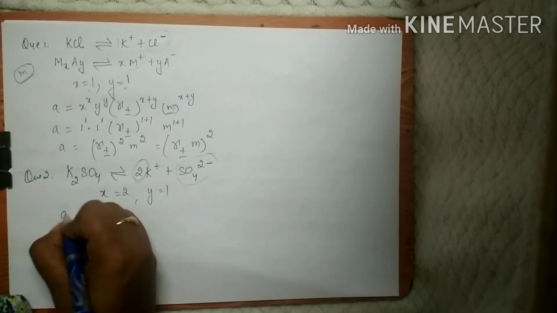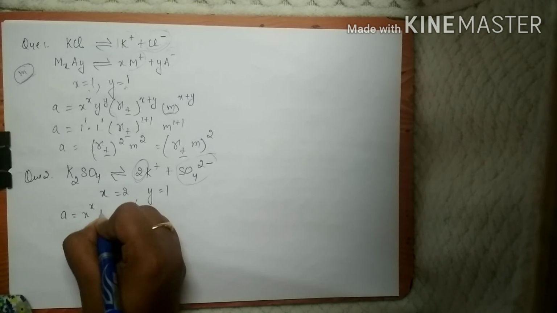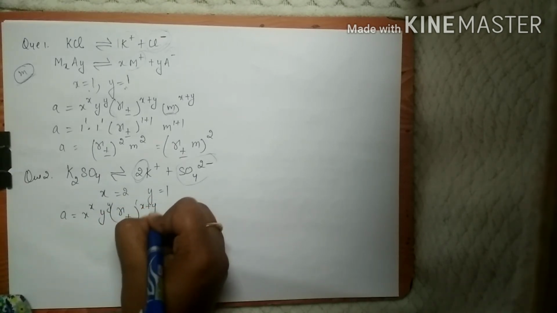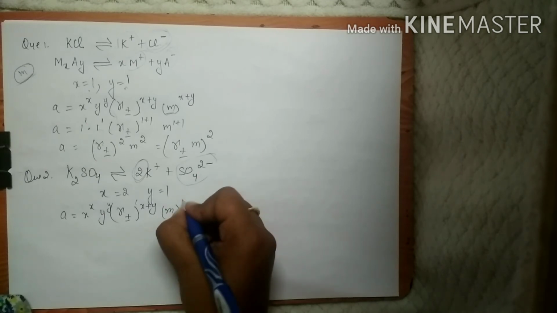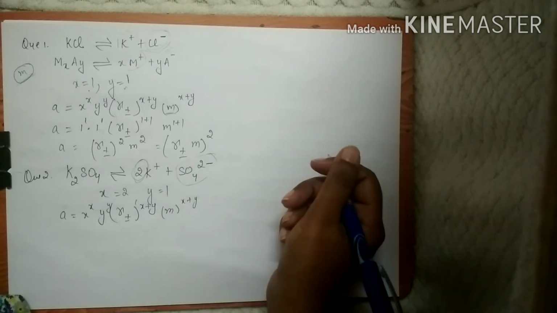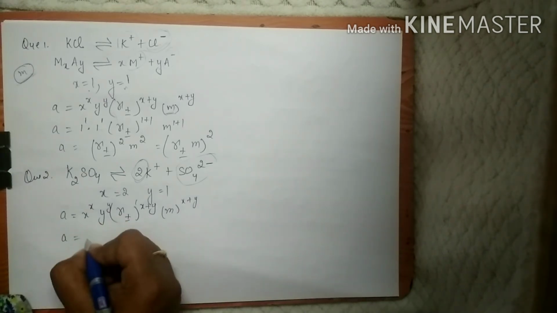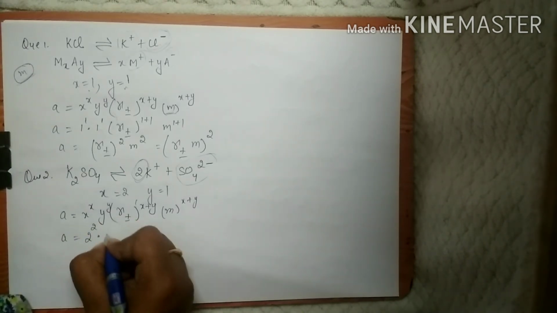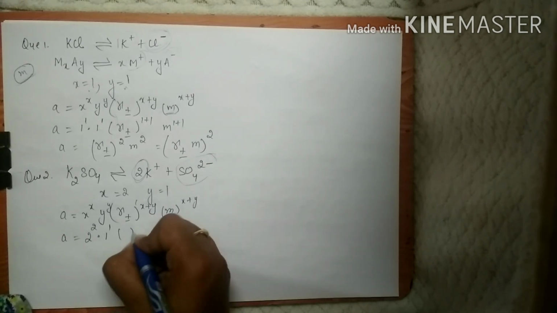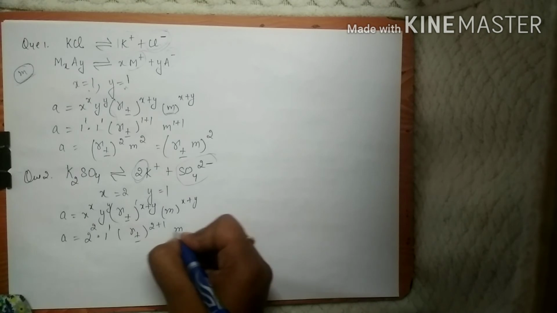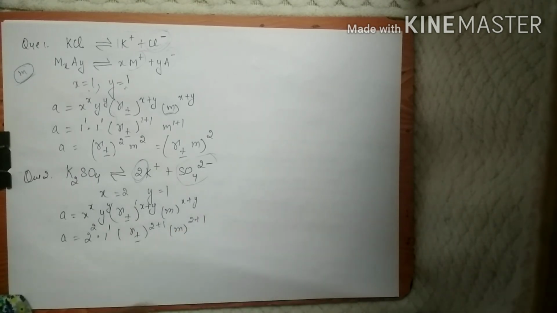So if I use this equation, A is equal to x to the power x, y to the power y, gamma plus minus to the power x plus y, m to the power x plus y, here we just have to put the values of x and y. So A will be equal to 2 to the power 2, 1 to the power 1, gamma plus minus to the power 2 plus 1, m to the power 2 plus 1.